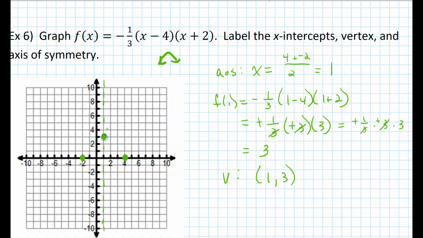Does that make sense given what we'd already discussed about the direction of our parabola? Yes. So again, always use those clues to make sure, because it happens sometimes when you're solving that you make an arithmetic error. So what if we had come up with 1, negative 3?